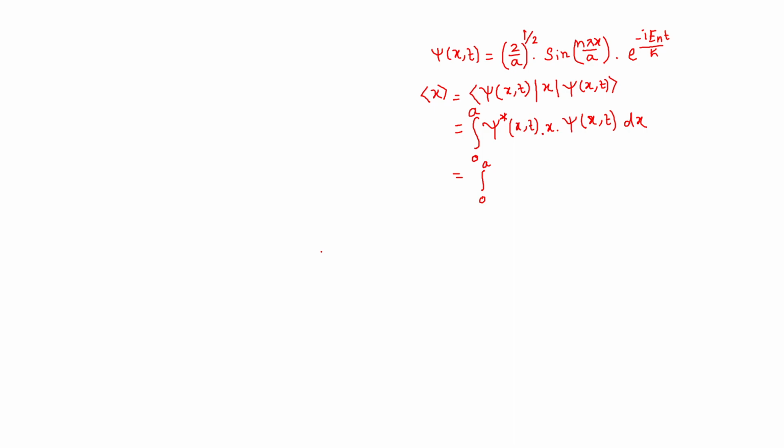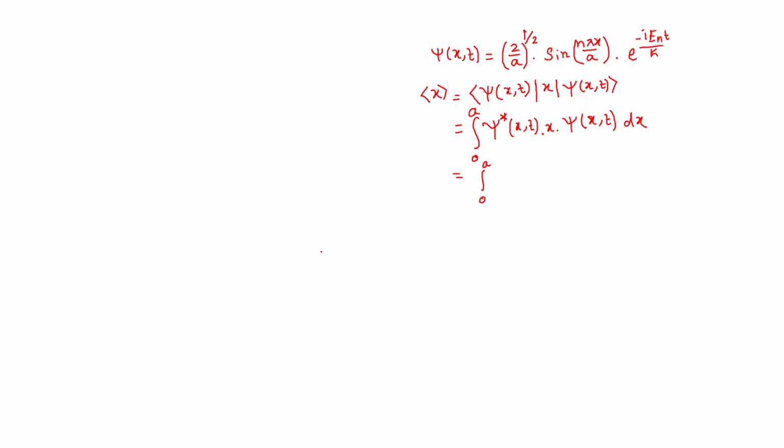Now we have to do this integration, and then we will find the value of the average position, because we are performing this calculation to know about the average position of the particle.